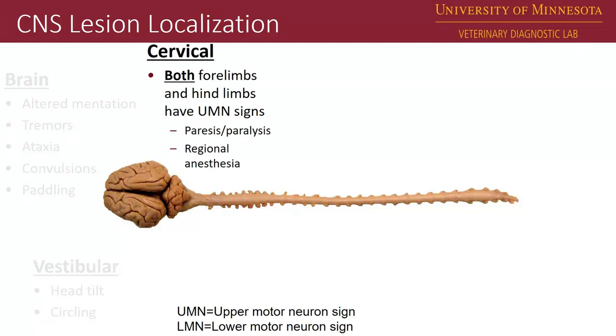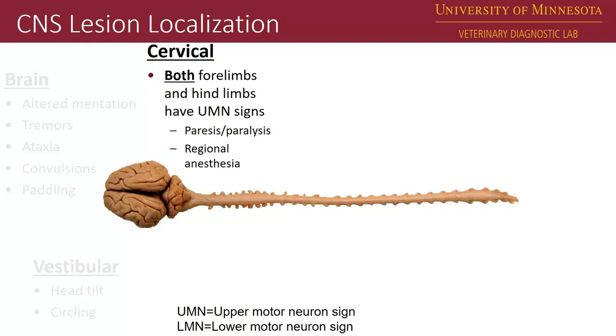Now we'll move on to the meat of the presentation, which will be the spinal cord. And so when I talk about this, UMN is not the University of Minnesota, as much as I like it. That's the upper motor neuron signs. So when we're talking about signs that pigs might be exhibiting, upper motor neuron signs would say that there's a problem from the brain down to the motor functions in the spinal cord. And so those signs would include paralysis, paresis, loss of sensation.